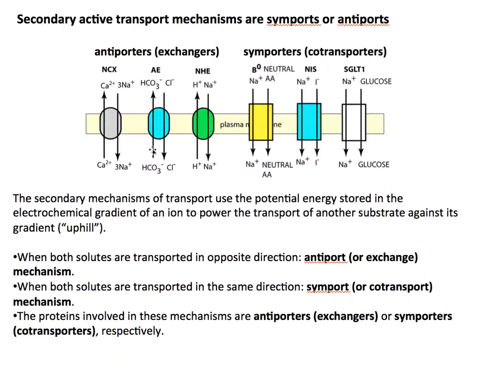Bicarbonate exchange, and sodium hydrogen exchange. Here you got the symports, sodium ions and amino acids, sodium ions and iodide, and sodium glucose, SGLT. So yeah, these are all examples of antiports and symports.